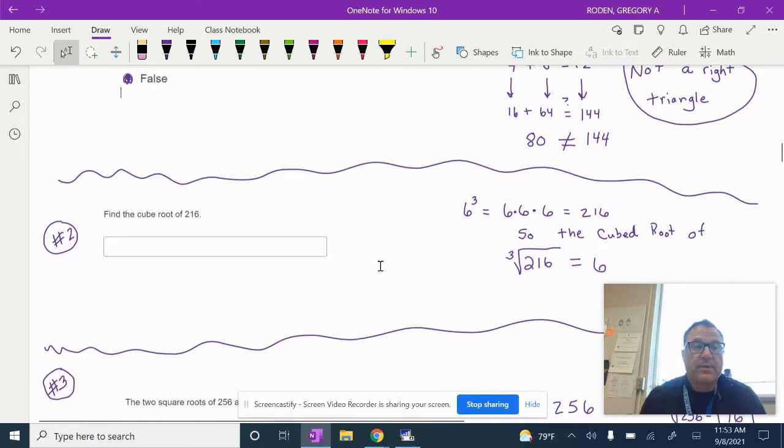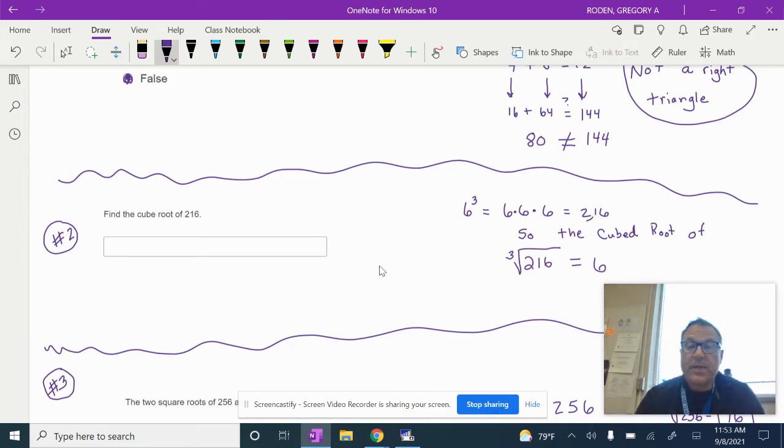All right, so the next one says find the cube root of 216. Well, what is a cube root? Think about what a cube is. A cube is a number multiplied by itself 3 times to equal the volume or an answer. So if you look at 6 to the third power, 6 to the third power is 6 times 6 times 6, which is 216.